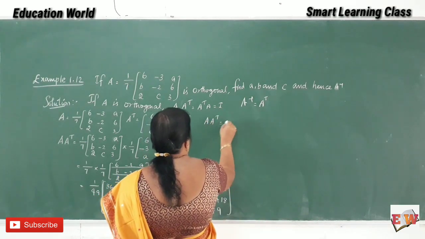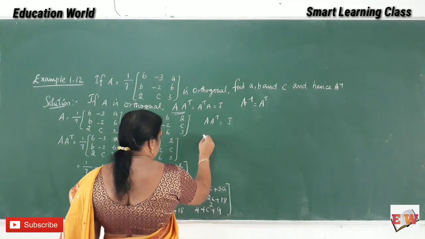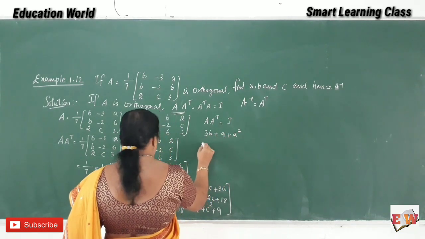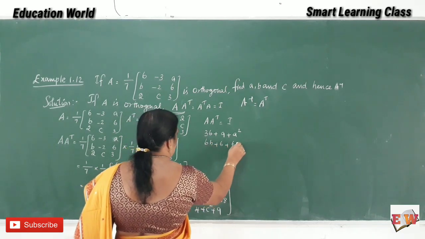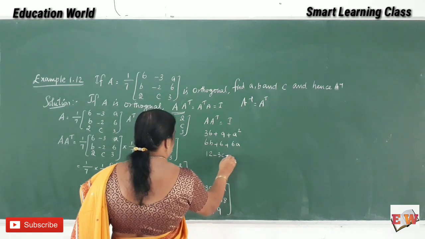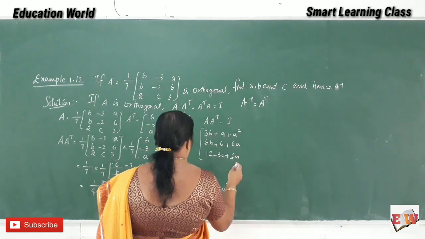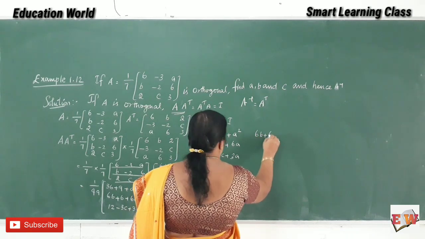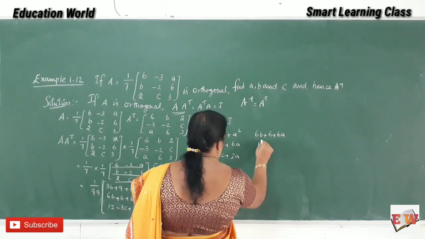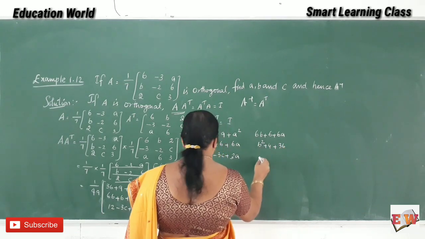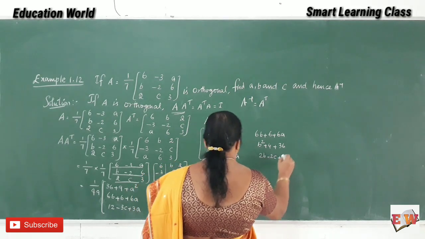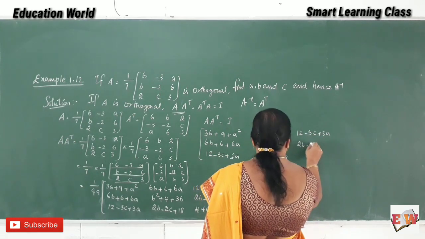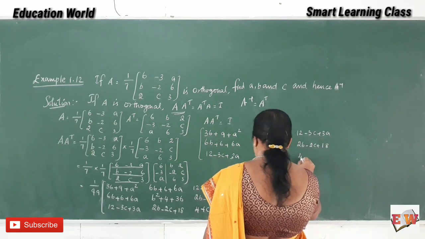I am going to write the value: 36 plus 9 plus A square, 6B plus 6 plus 6A, 12 minus 3C plus 3A; 6B plus 6 plus 6A, B square plus 4 plus 36, 2B minus 2C plus 18; 12 minus 3C plus 3A, 2B minus 2C plus 18, 4 plus C square plus 9.